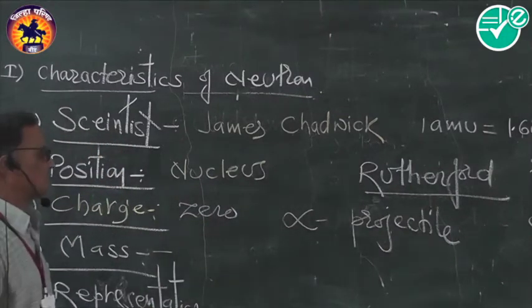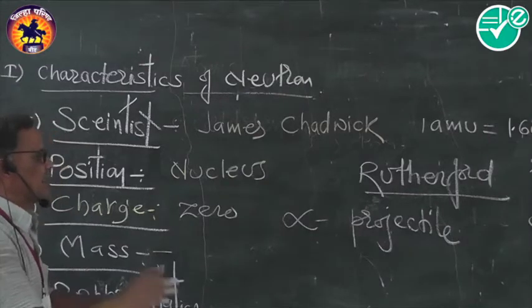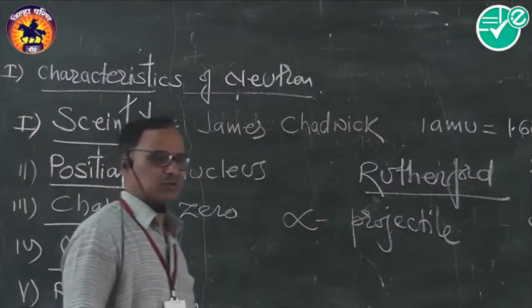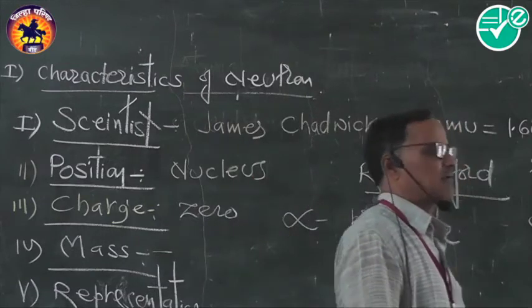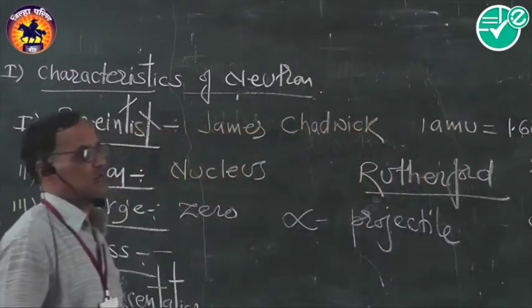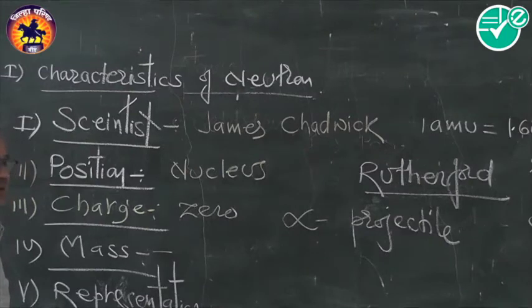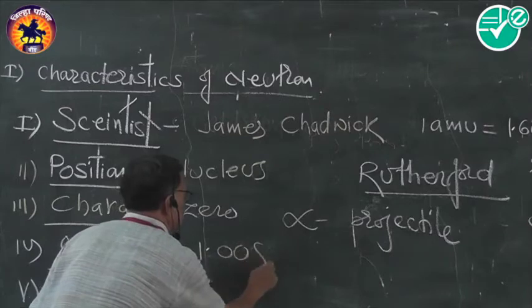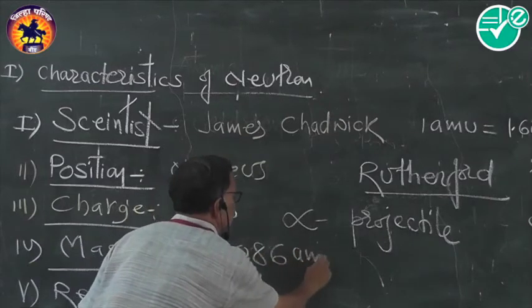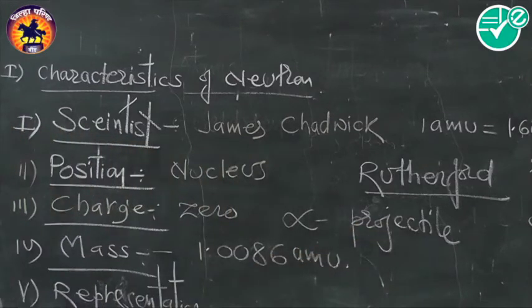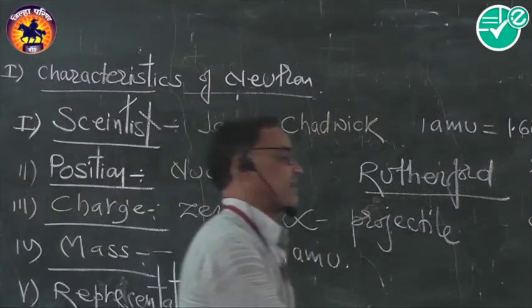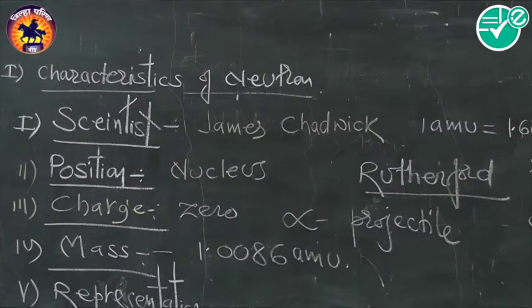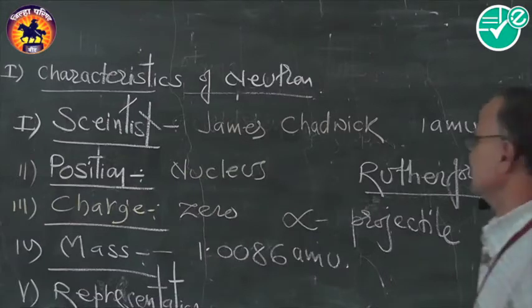The mass of a neutron is nearly identical to the mass of a proton, but it is slightly greater, equal to 1.0086 atomic mass units. Neutron is slightly heavier than proton, or proton is slightly lighter than neutron.